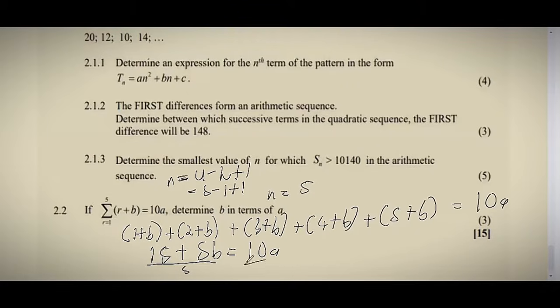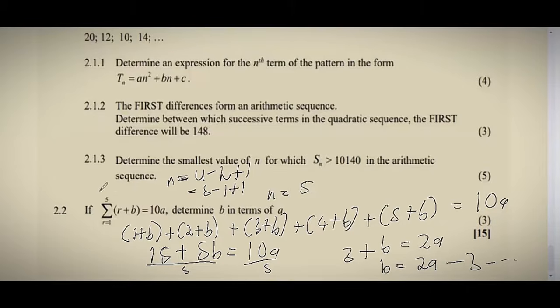So let's go ahead and divide everything throughout by 5. 15 divided by 5, that's 3, and then plus b is equal to 2a. Remember, I must express b in terms of a, so I can make b the subject of the formula. Then this is equal to 2a minus 3. Then, just like that, I have my solution. So b is equal to 2a minus 3 in terms of a. That's all you needed to do for that question.